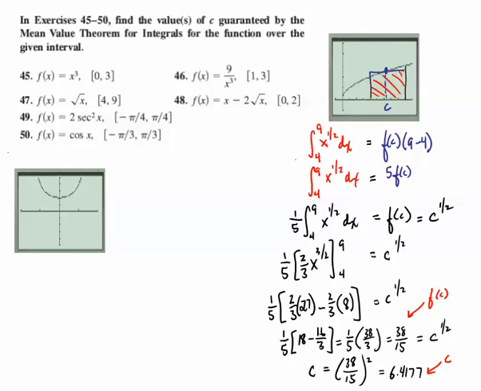Okay, so in the terms that we've been using, we know that there is an area under the curve from negative pi over 4 to positive pi over 4, and we'll call that our red area there.